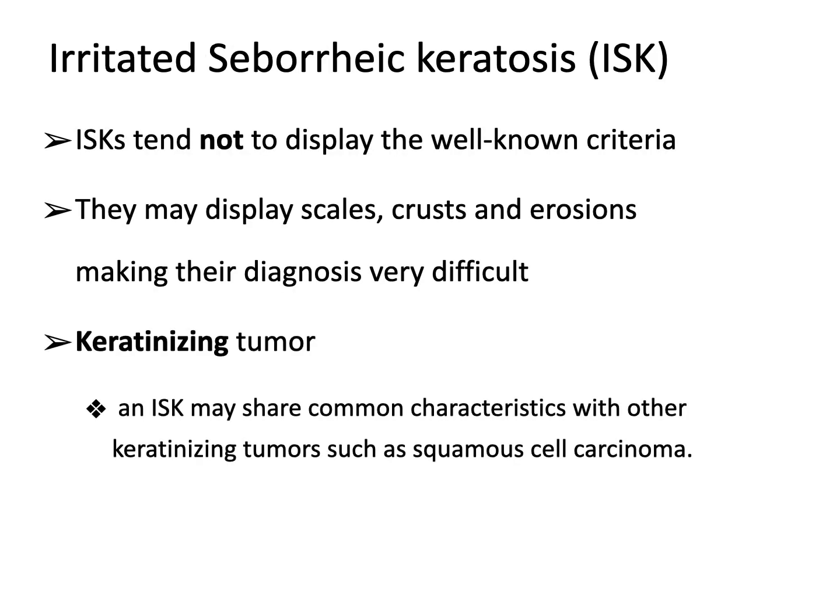Regarding irritated SEBKs, it seems that they tend not to display the well-known criteria. Instead, they may display scales, crusts, and erosions, making their diagnosis very difficult. Moreover, as a keratinizing tumor, an irritated SEBK may share common characteristics with other keratinizing tumors, such as squamous cell carcinoma, especially the well-differentiated one.